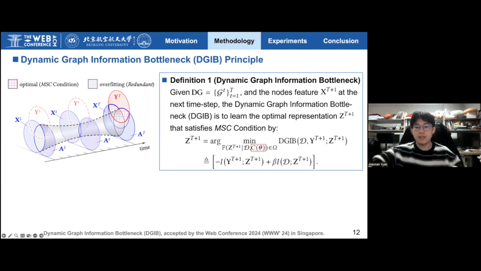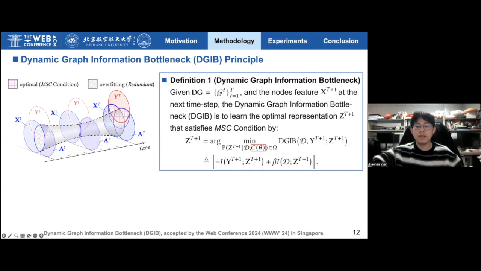So the DGIB objective describes the dynamic graph information bottleneck instantiated by two terms. The first term is called the conservation term, which aims to maximize the mutual information between the latent representation Z and the label Y. The second term is called the compression term, which aims to minimize the mutual information between the input data D and the latent representation Z. The two terms are balanced by the hyperparameter beta.